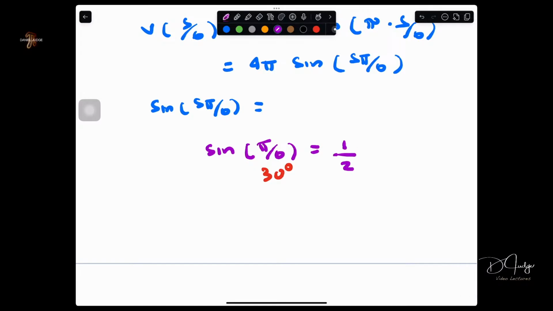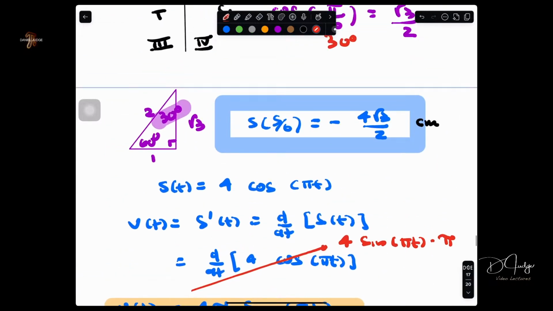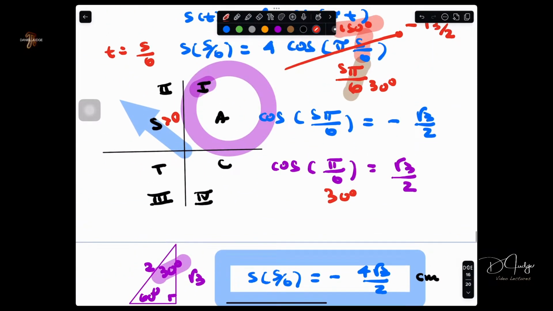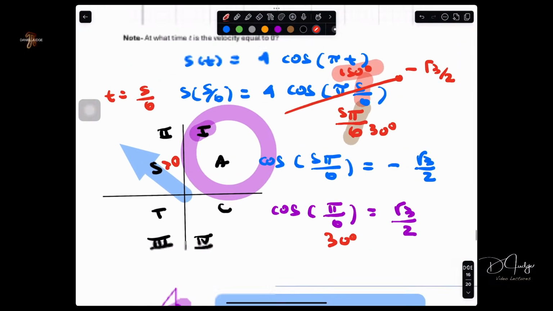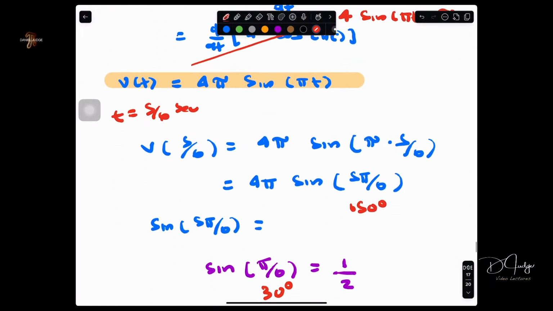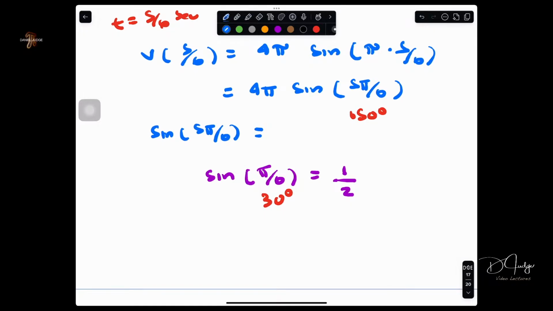But the angle really is 150 degrees here, because it's 5 pi over 6. Again, we can look back at this picture and we know that in quadrant 2, for sine of 150 degrees, sine is positive. All students take calculus. That just simply means that the answer is the same here. It is a positive 1/2.